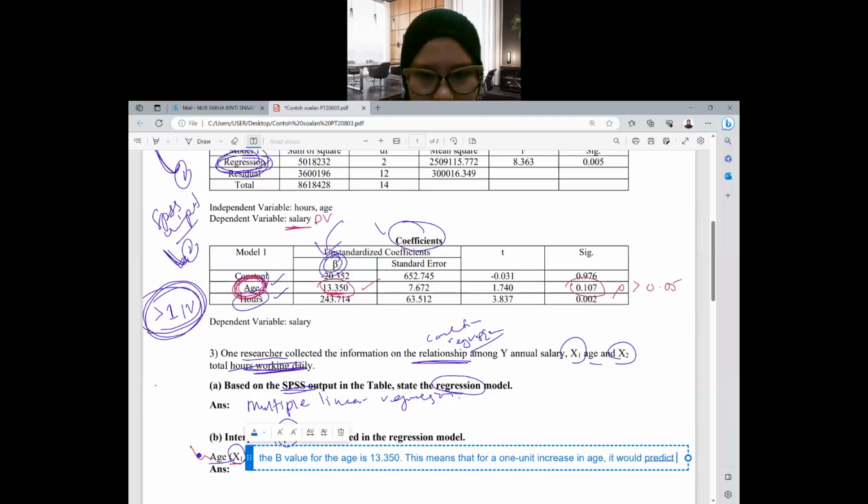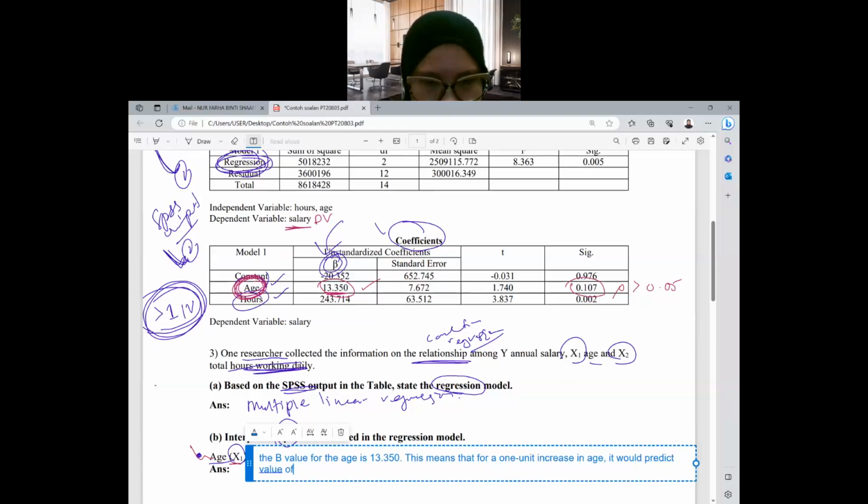It would predict the value of salary which is expected to increase by 13.350. We have also talked about the significance value, which is p less than 0.05.